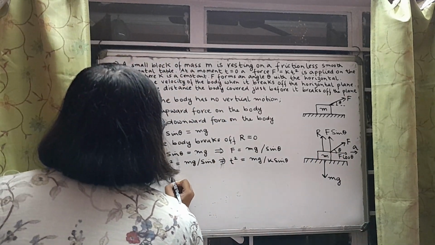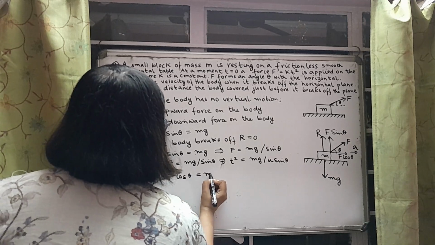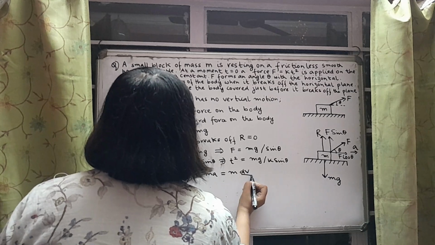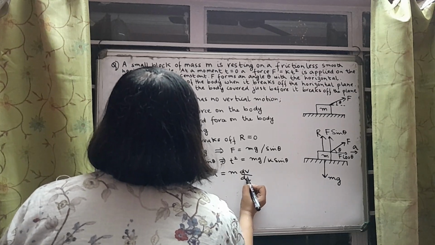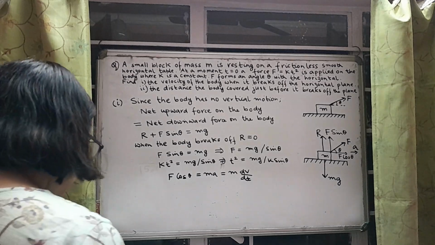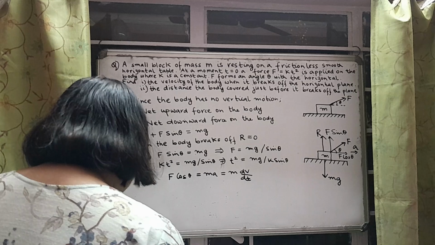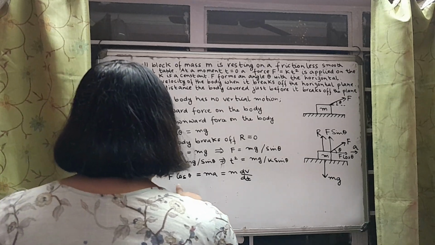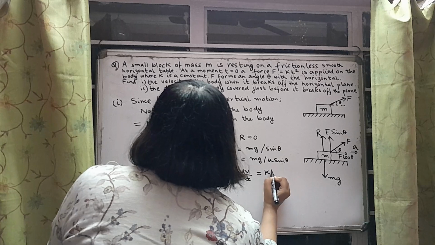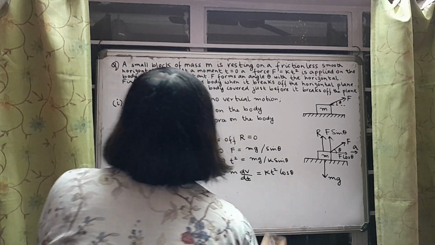Then F cos theta will be equal to ma, which is equal to m dv by dt. So if I put the value of F as kt squared, then I have this as kt squared cos theta.